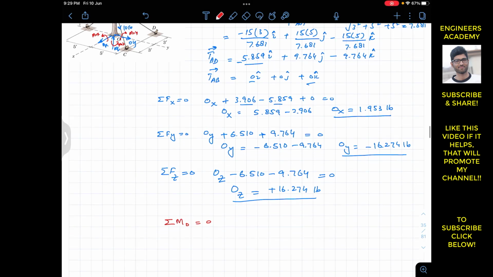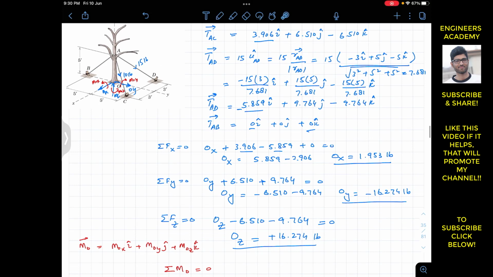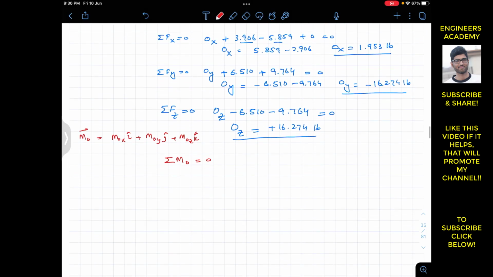So that resultant moment will be equal to MO as a vector, that will be MOX I plus MOY J plus MOZ K. And then we have to find the moment of this tension in AD and tension in AC. So we will write that MO plus the moment of the tension in AD, and plus the moment due to the tension in AC, this will be equal to 0.